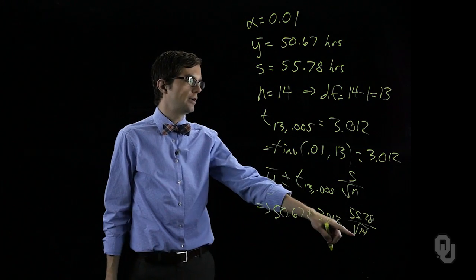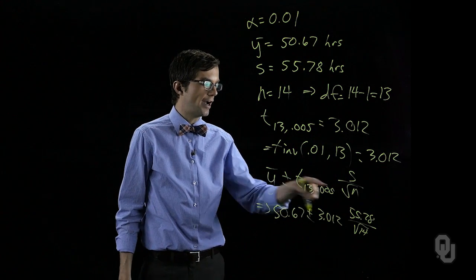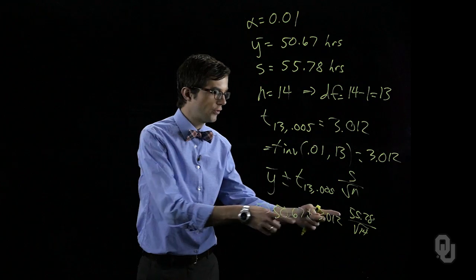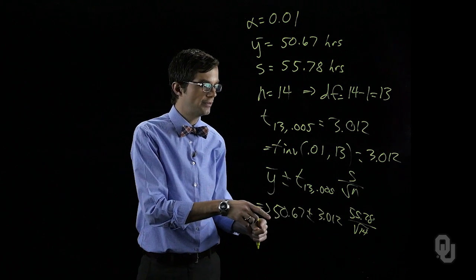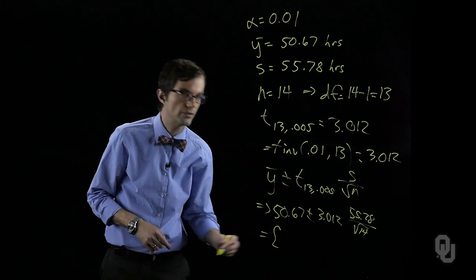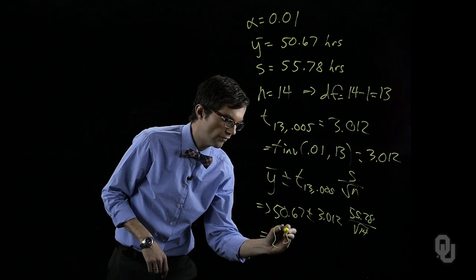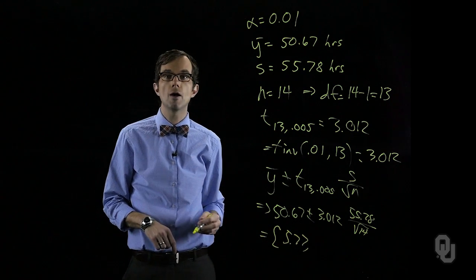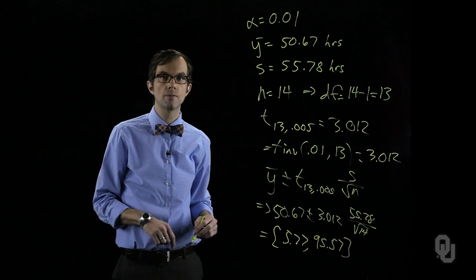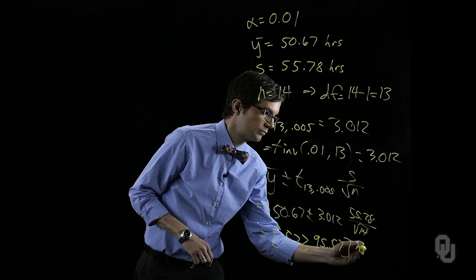We had n equals 14. So we can calculate this out. This is just arithmetic at this point. Getting all those numbers right in the first place is the first step, and then the arithmetic is easy after that. We have a lower bound of 5.77 and an upper bound of 95.57. Those are in hours.